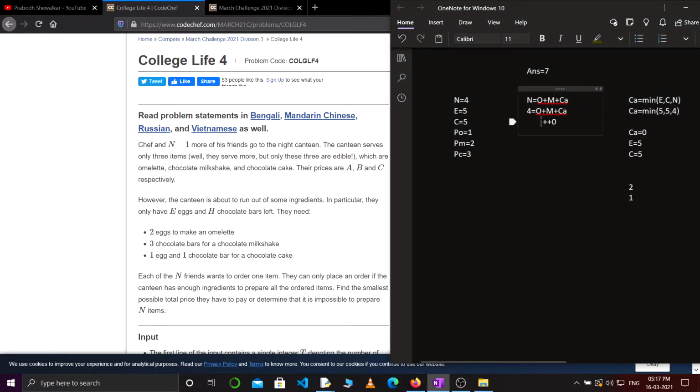So in this case our price will be infinity because we cannot buy anything, or actually we cannot have the given number of items that we have to order. So our price will be infinity. So which is smaller, 7 or infinity? 7. And now we already have considered all the possible combinations of omelette, milkshake and cake, and the final answer that we are having is 7.